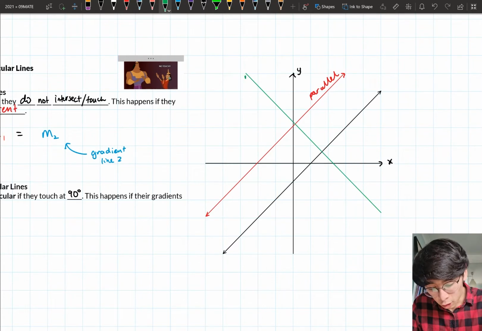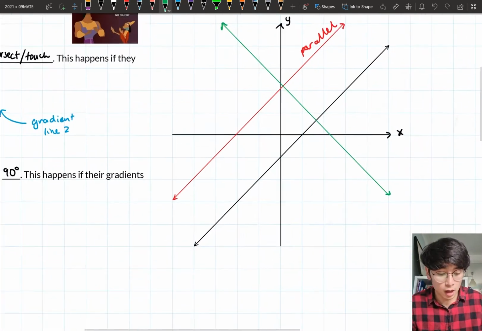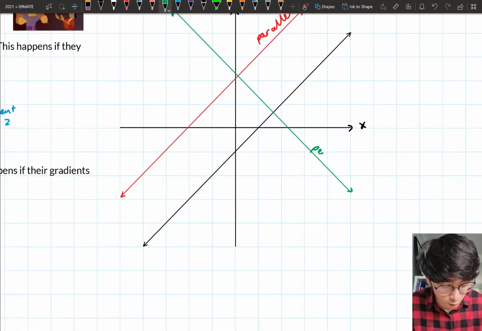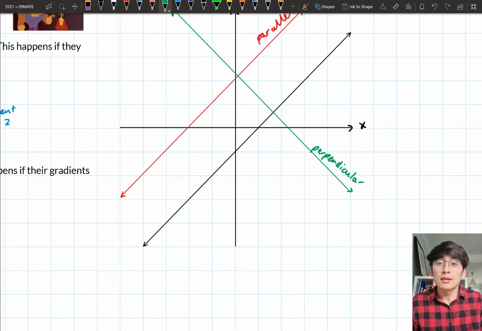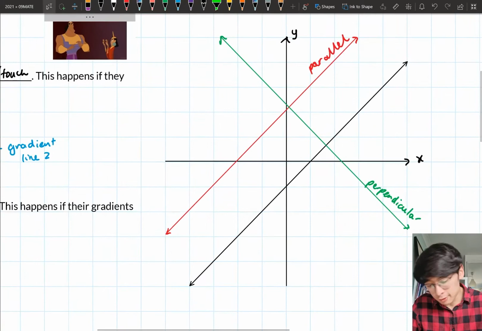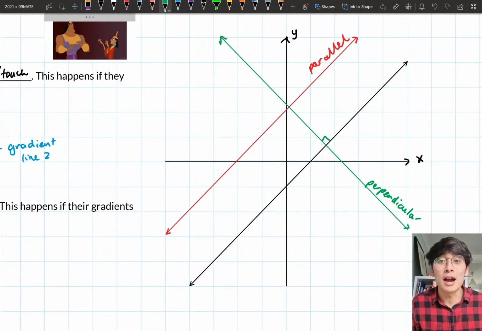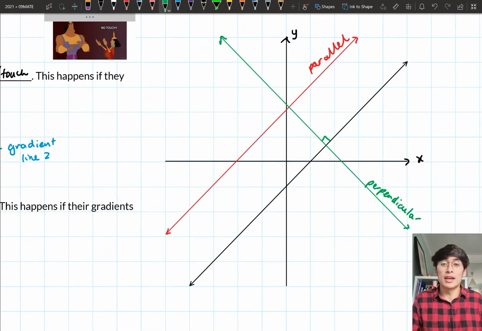This is an example of a perpendicular line. So let me just label it on here, perpendicular. And so notice this line and the original black line that I have, they touch at 90 degrees. They form a 90-degree angle at where they intersect.